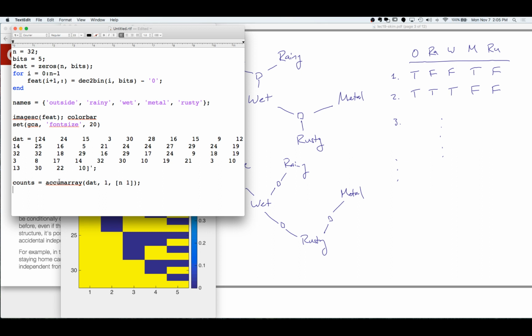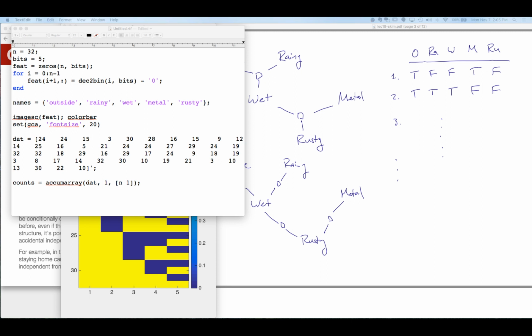So this function in MATLAB, what it does is it sums up the number 1 into the 24th component of counts, and then another one into the 24th component of counts, another one into the 15th component of counts. So what it does is it turns data like this into a vector of counts.